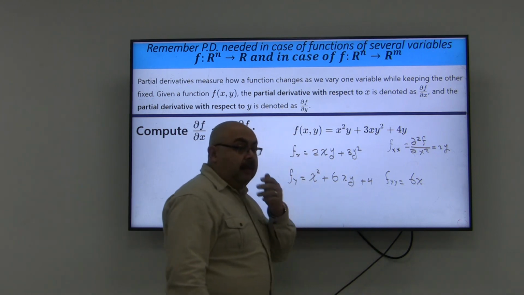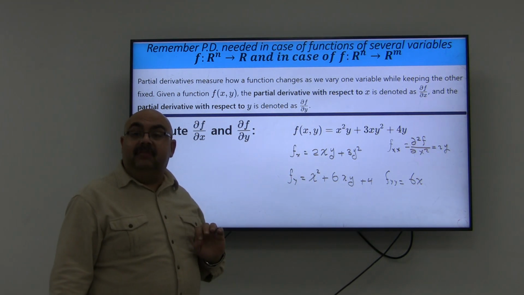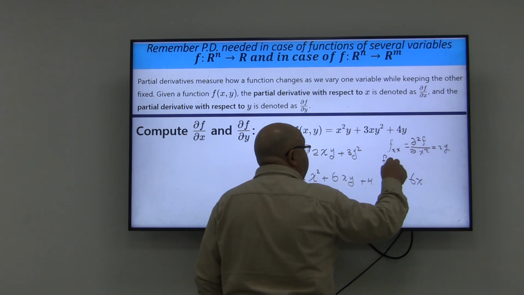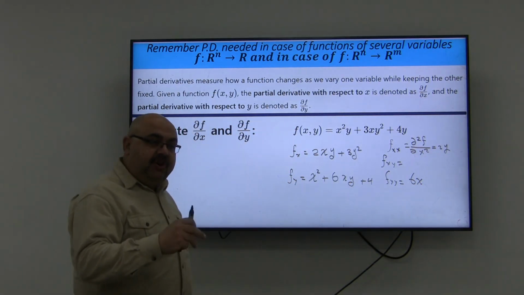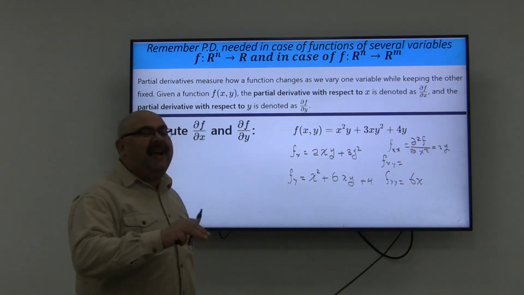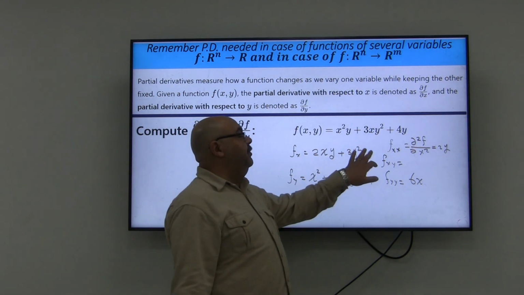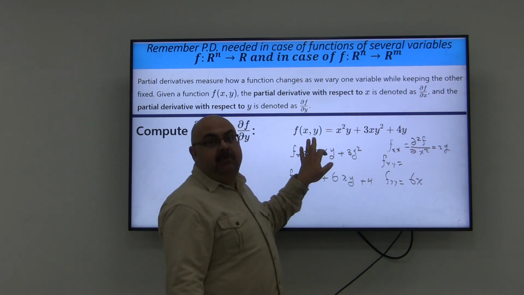Yes, but I also get the mixed derivative. It means I can get f x y, which means the first derivative with respect to x and the second derivative will be with y. So let's differentiate. That's the first derivative, okay? Differentiated not with respect to x, with respect to y.